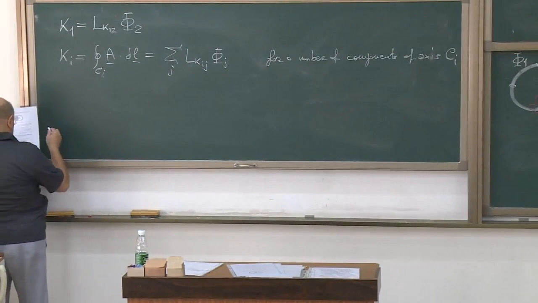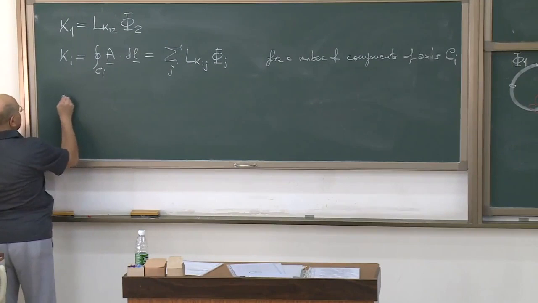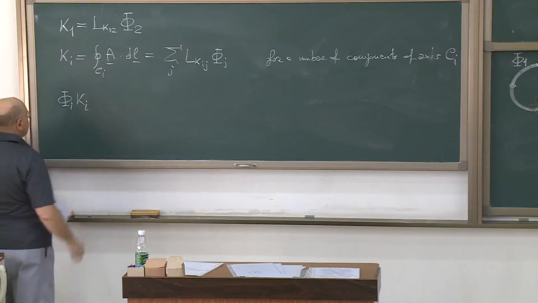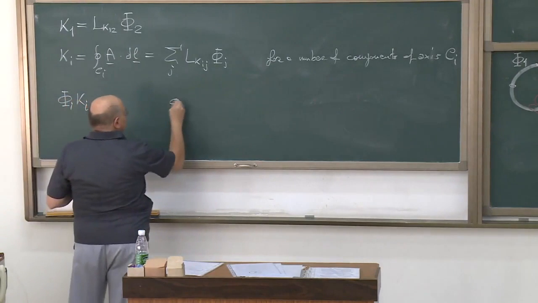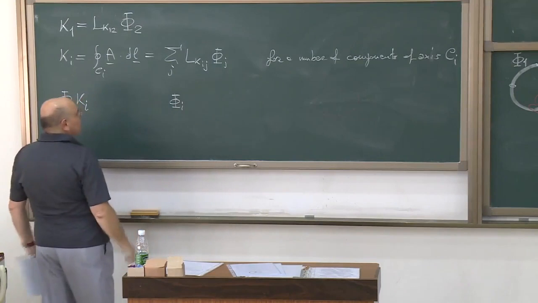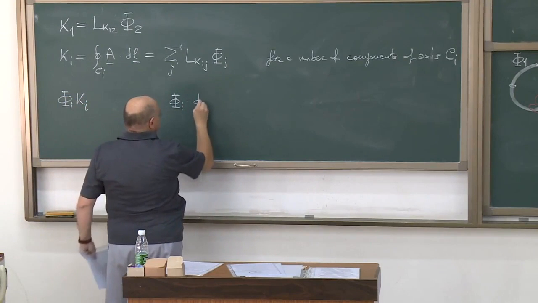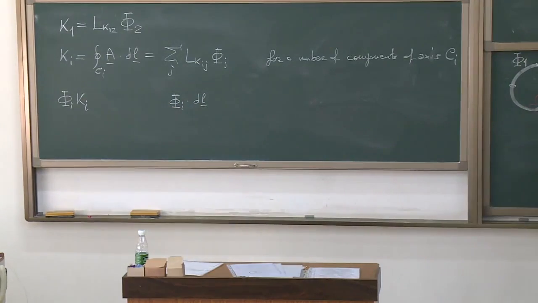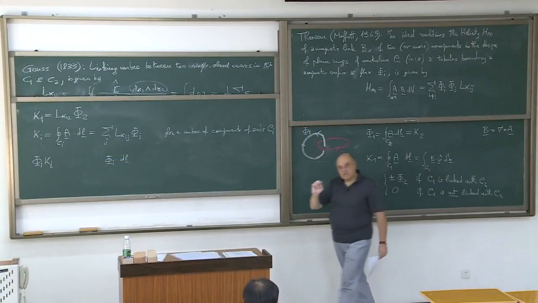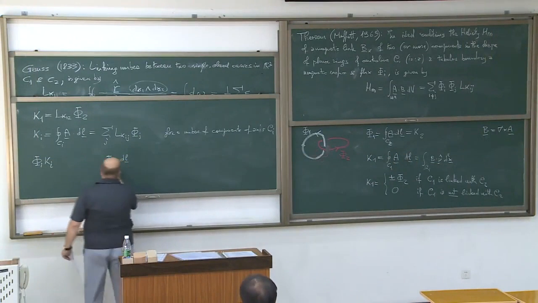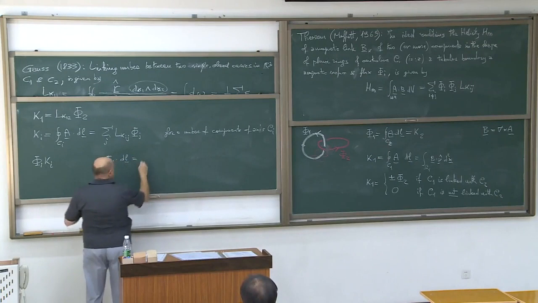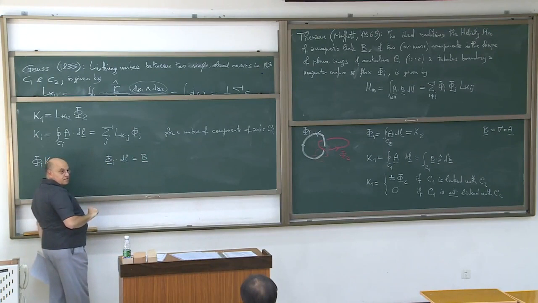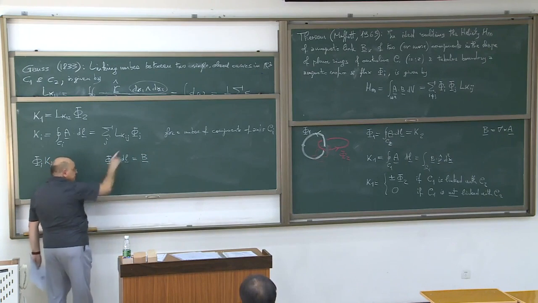Now, we can combine the product of phi I and ki in the following way. Suppose we want to construct phi I chi I. Notice that phi I times dl, we assume that these tubes have a small cross-section, so we can approximate this quantity with the field B. Phi is the product of the field through the cross-section.